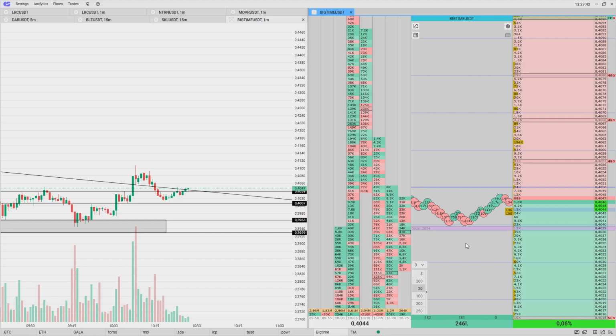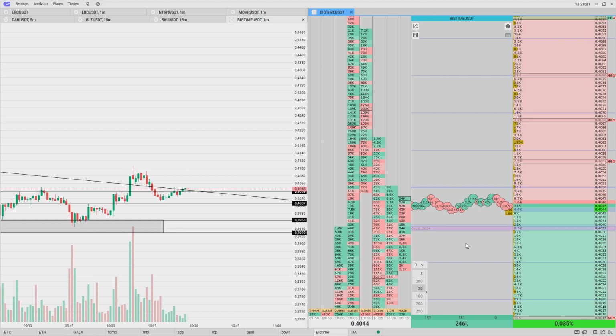Can we use another strategy with densities with this strategy? I think it will not be so reasonable, because when we trade the pullbacks from densities, we have several limit orders for loading.